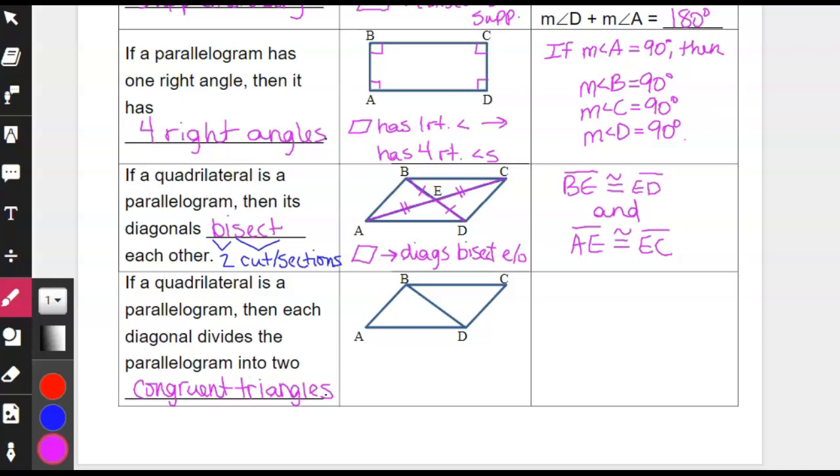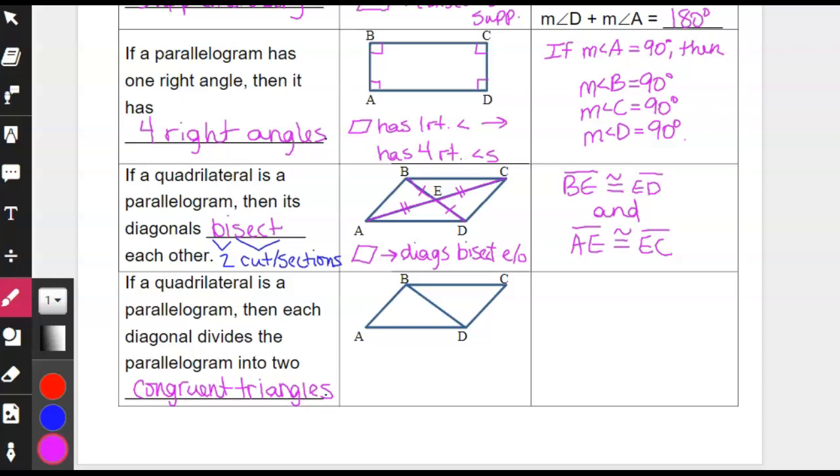Now, this one is a little bit more difficult to explain if we haven't talked about our triangle unit yet. Typically, in the past, we've already talked about triangles and congruency and how to prove congruence and things like that. But this year, this lesson comes before our talk about triangles. But we can still talk about the congruent triangles that exist here.